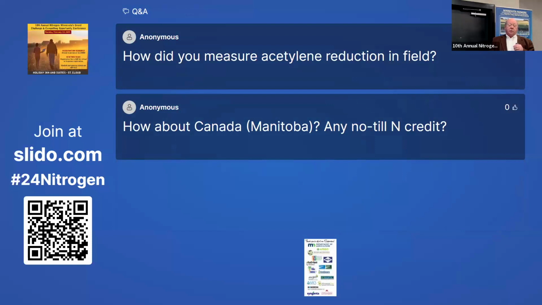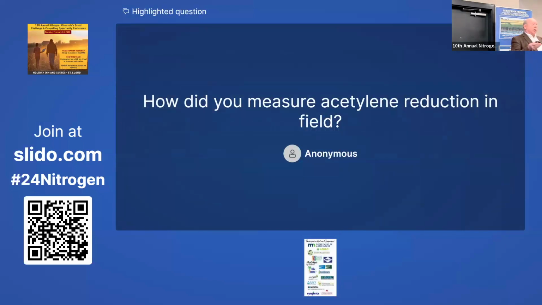And how do we measure acetylene reduction in the field? You don't, and that's the problem. John Lamb was the first paper I could find, when he was a PhD student in Nebraska. They did a study on long-term no-till versus conventional till on one of the research farms with his advisors. He has a paper in Soil Science Society of America Journal, which I'd missed when writing my paper because I used "asymbiotic" and they used "non-symbiotic" in their title.